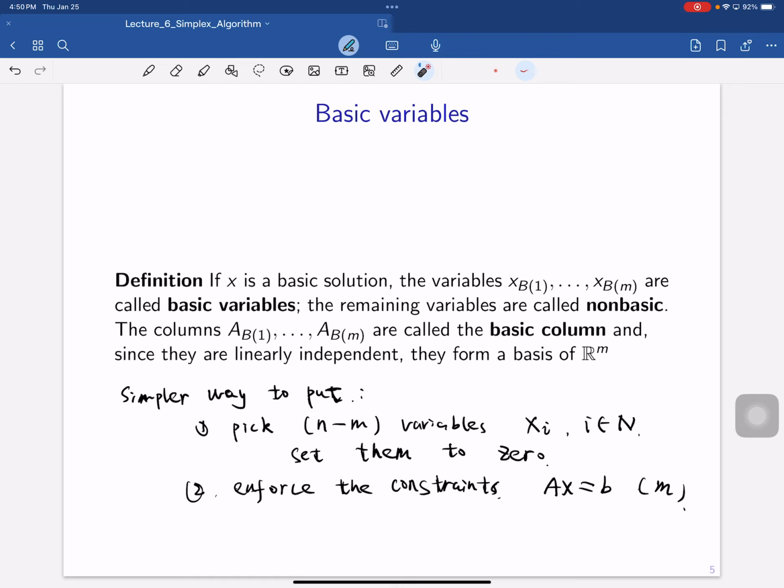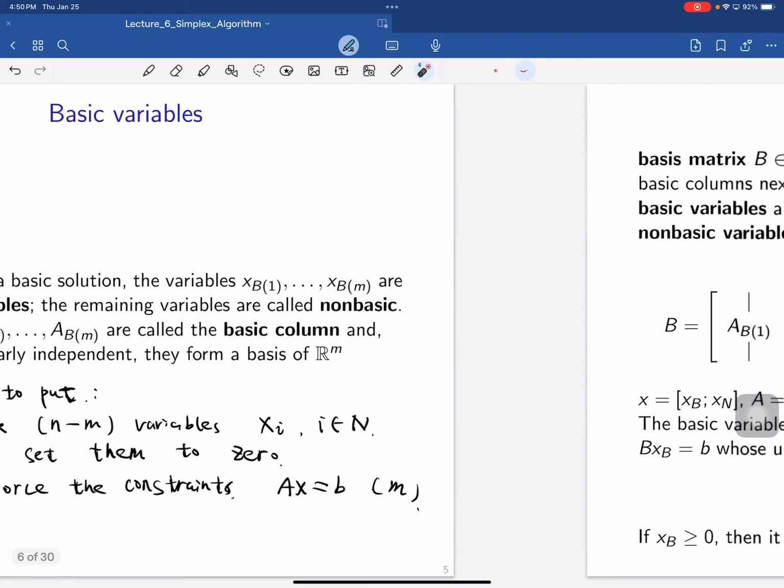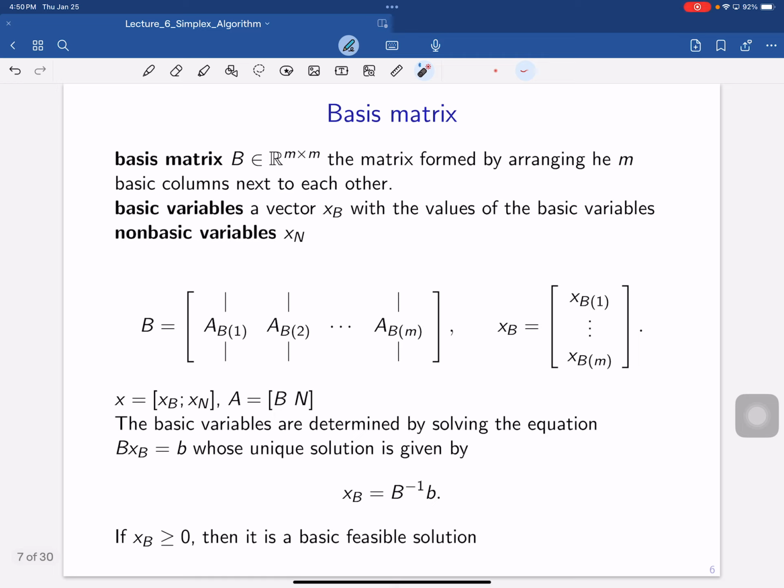Those variables you fix as 0 are called the non-basic variables. The rest of the variables are called basic variables. Then you can define something called the basis matrix, which is formed just by arranging the m basic columns next to each other.